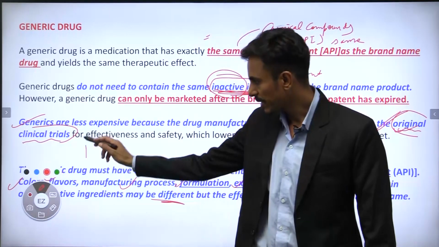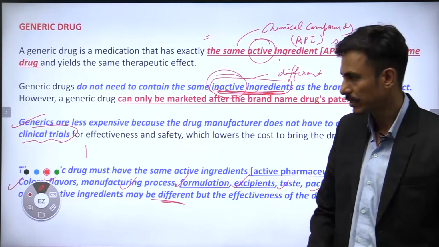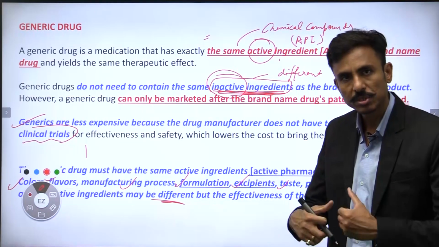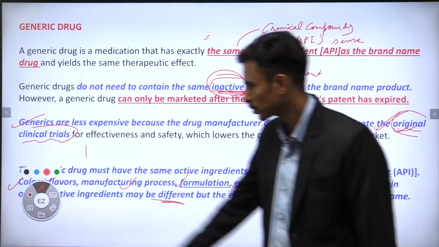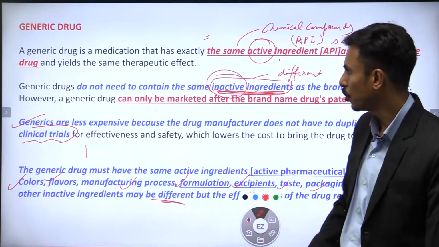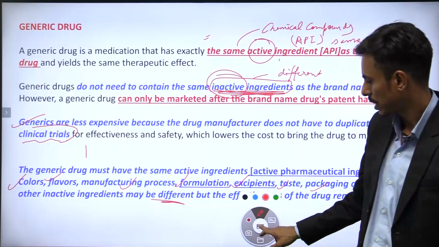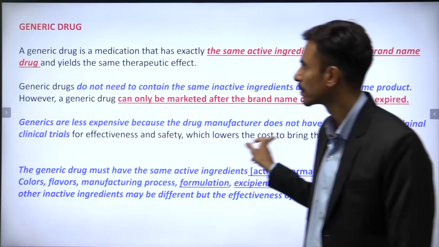It is just that their patent has expired and now they are being used by the government company, and they are able to sell it at a lesser price to the market, especially to the poor people, right? So I hope it is clear. It's a very important concept, guys, and I expect a question on this.